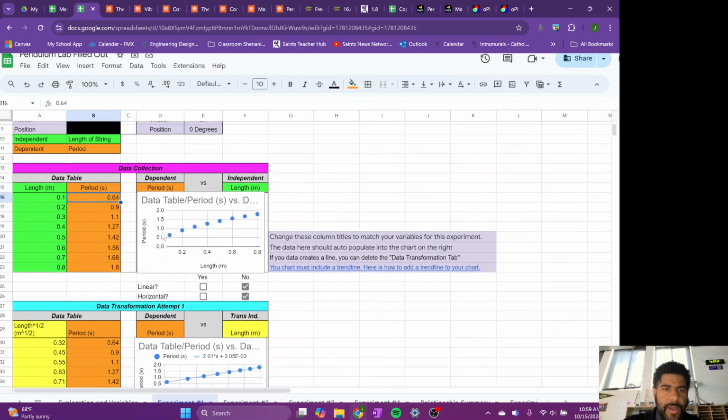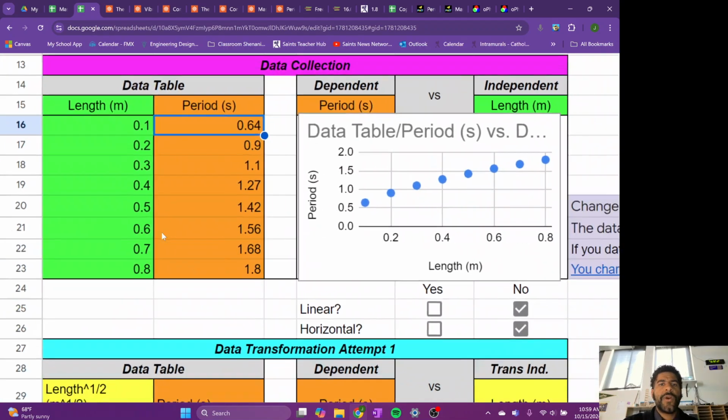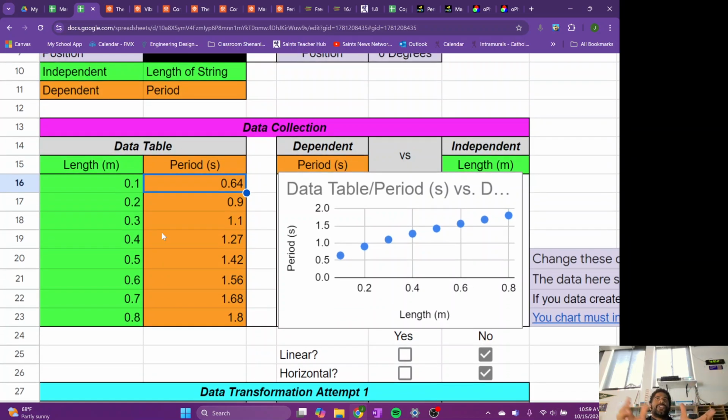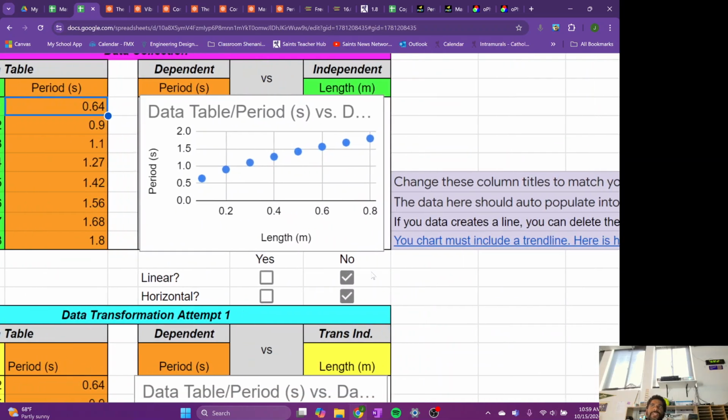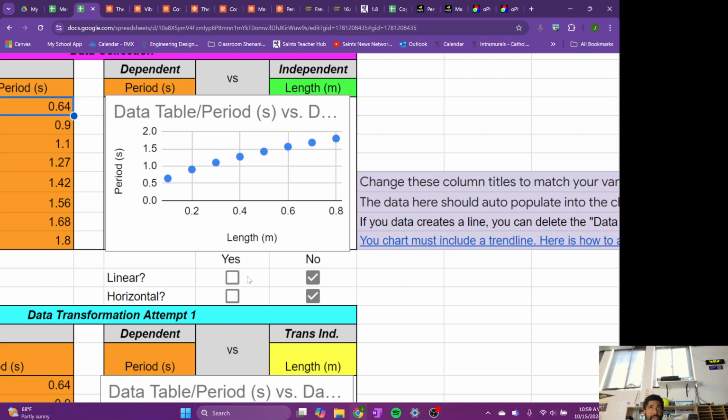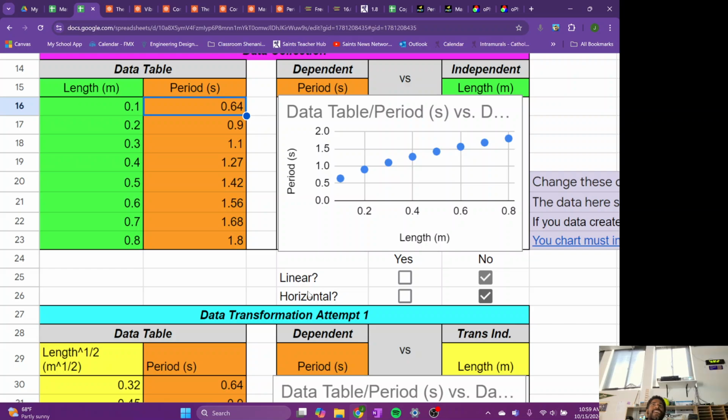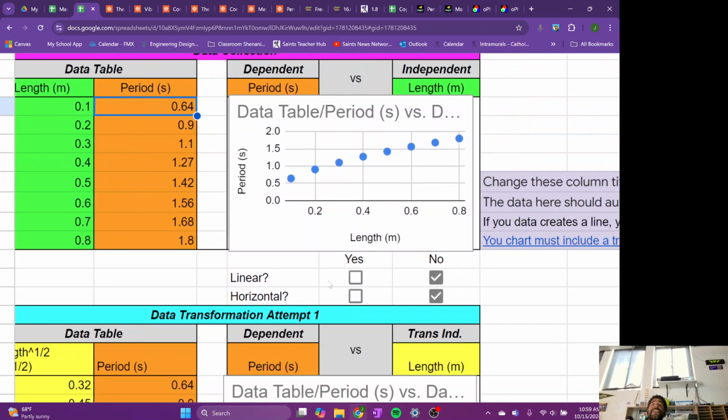then I'll end up getting a graph that looks like this. With what I've given you in the spreadsheet, you should have a graph auto-populate as you fill this out. Then you have 2 questions to ask down here: is this linear, and is this horizontal? This is not linear. It is not horizontal. And what that means is I need to transform my data. If this were horizontal, then that would show me that there is no relationship.